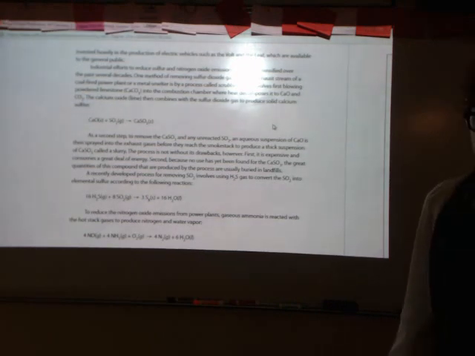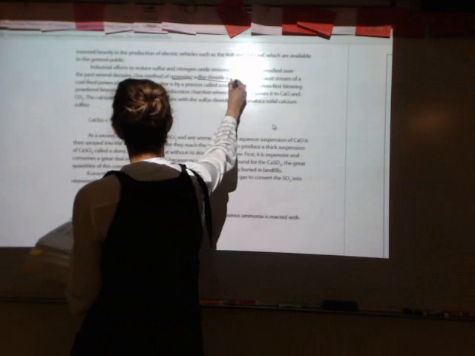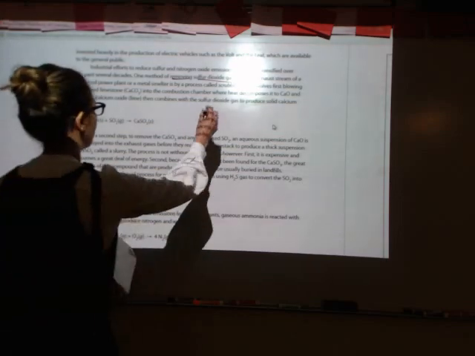A method for removing sulfur dioxide gas from a coal-fired power plant, or a metal smelter, would be something called scrubbing. This is where they blow powdered limestone into a combustion chamber. The heat decomposes it to calcium oxide and carbon dioxide gas.